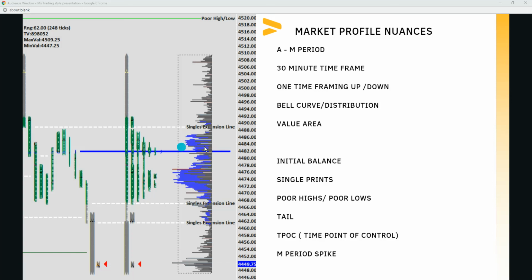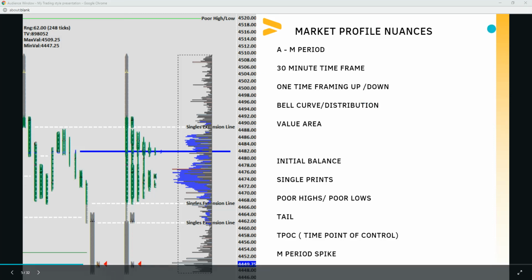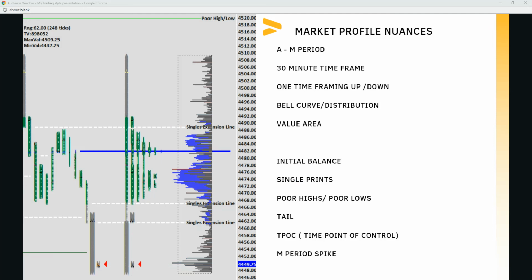If this is today's value area, if tomorrow value area has shifted higher within the theory, we're kind of expecting higher prices. That's the basic theory around value. Again, that's the theory, right? Let's not forget that value area high and value area low, these are arbitrary pivots, right?